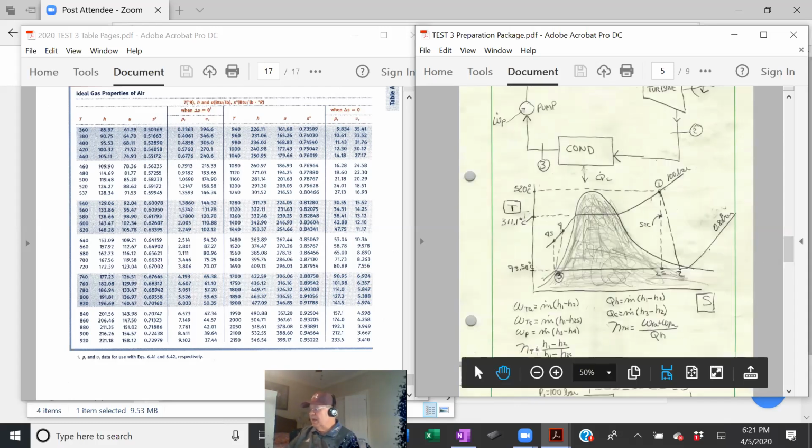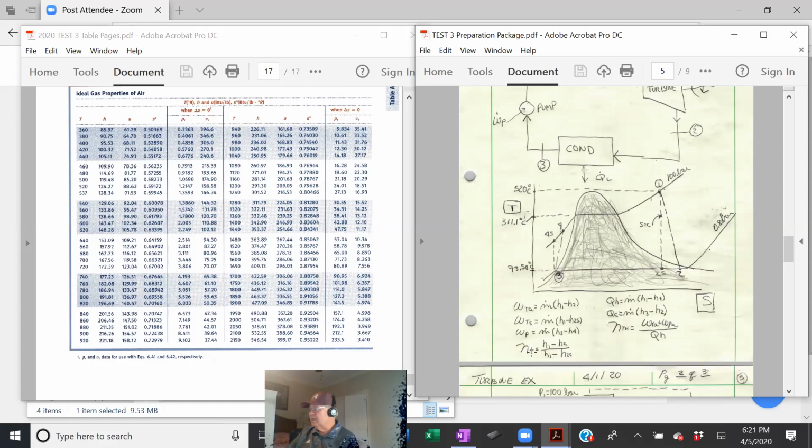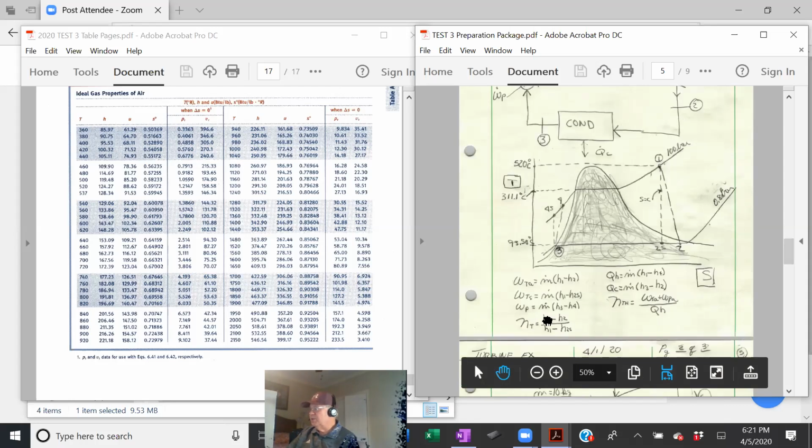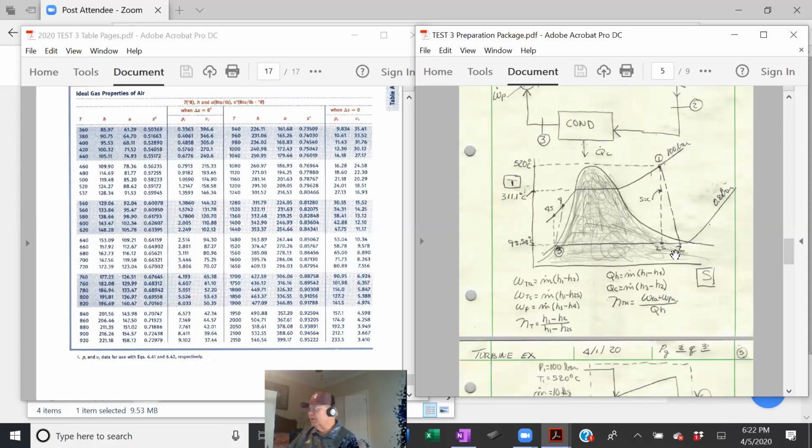Now, I put a T over here for isentropic; I should have put an S. Well, this is the isentropic efficiency of the turbine, H1 minus H2 over H1 minus H2S. Notice that H1 minus H2S is now in the denominator. That's because your isentropic work, being work you get out, is more than what you actually get.